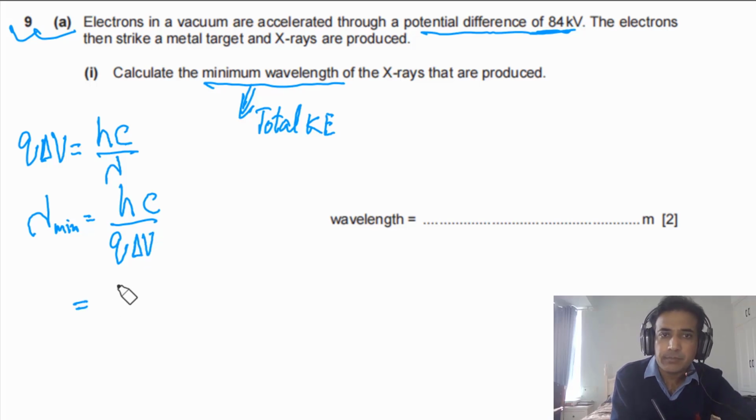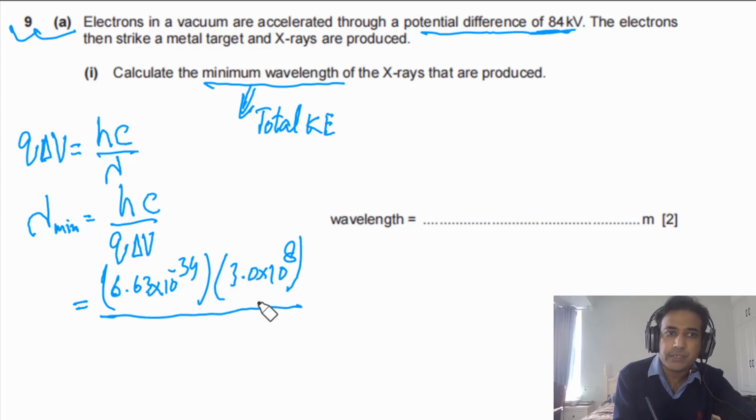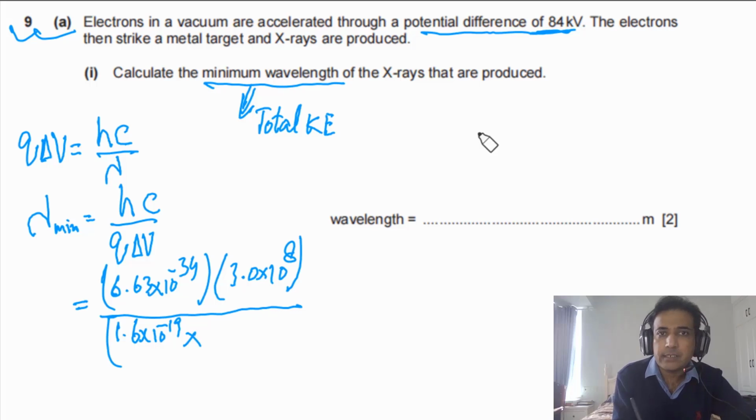The value of h is Planck's constant, equal to 6.63 times 10 to the minus 34, and c is a constant equal to 3.0 times 10 to the 8. These two constants are very important for quantum physics. And Q is the charge on a single electron, 1.6 times 10 to the minus 19 coulombs, and delta V is the potential difference, equal to 84 kilovolts.